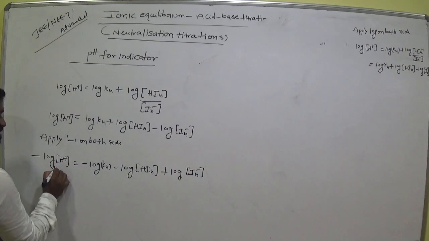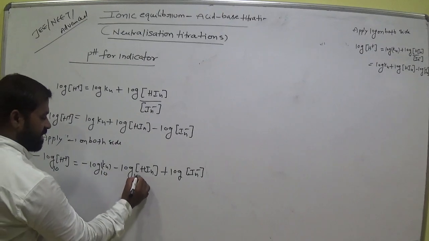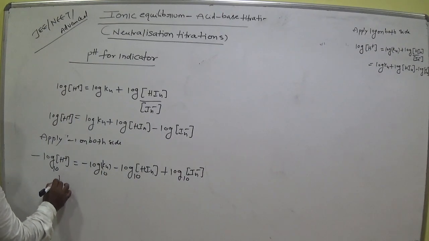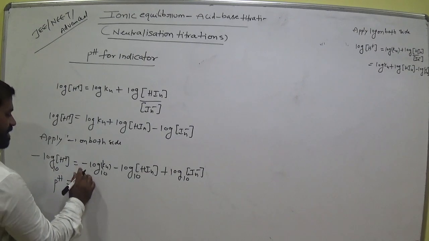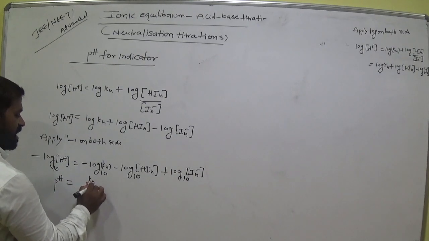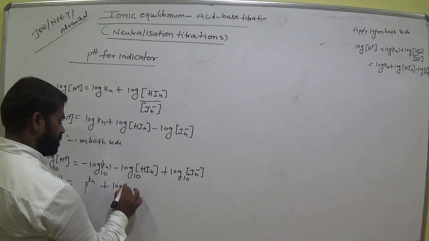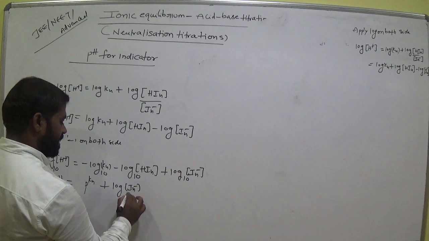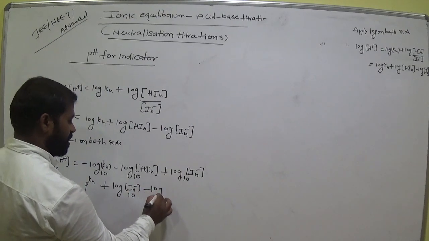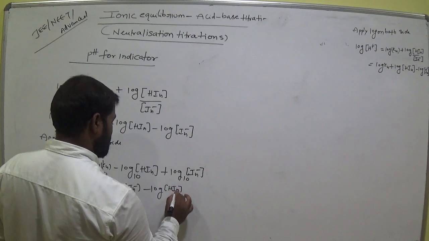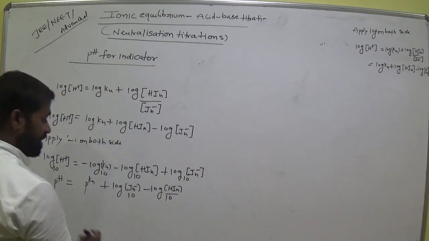Here we have base 10, am I right? Base 10. Remember that. So minus log H plus means pH, am I right? Here minus log Kin means pKin. Now write this one: log In minus to the base 10 minus log HIn to the base 10, am I right?